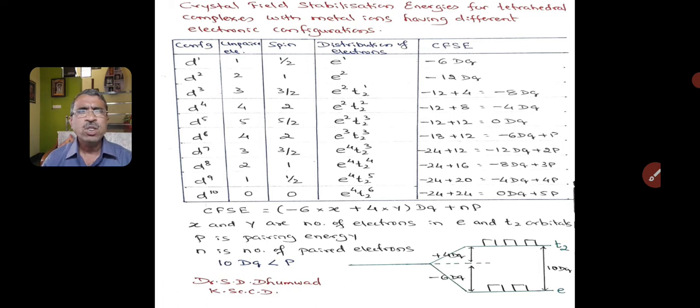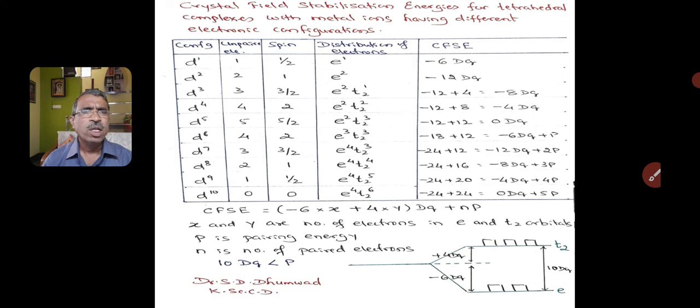For d5 system, number of unpaired electrons is 5. Spin is 5 into 1/2, which is 5/2. So the electronic configuration becomes e2, t2^3. So CFSE is minus 12 plus 12, which becomes 0 Dq. For d6, d7, d8 and so on, the pairing of electrons takes place.